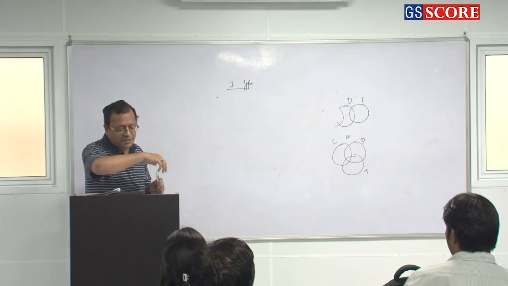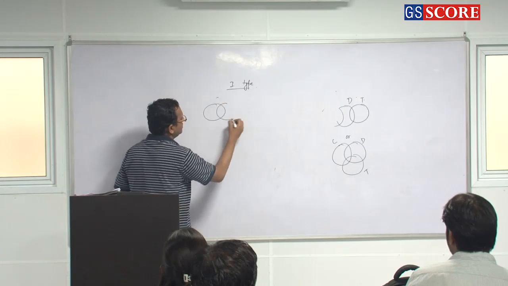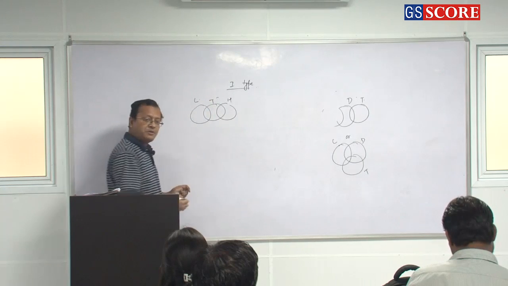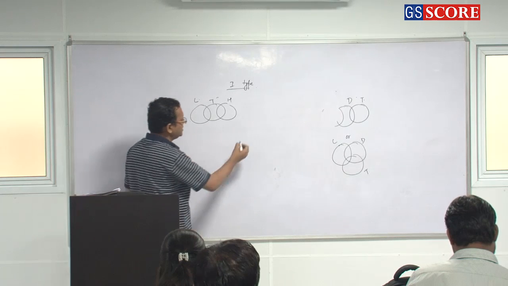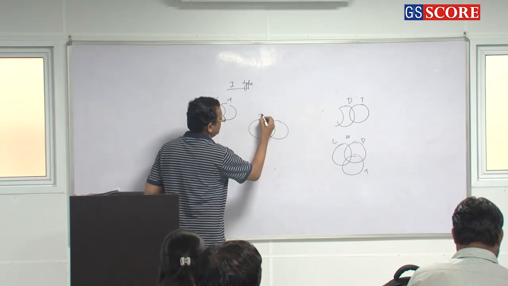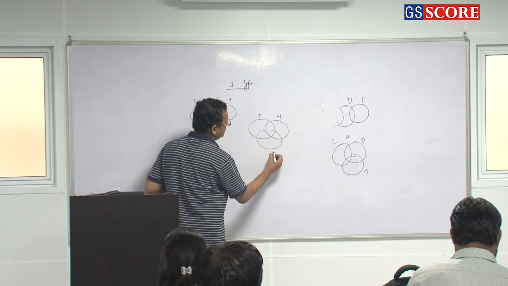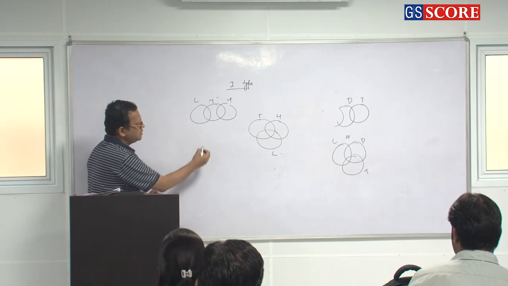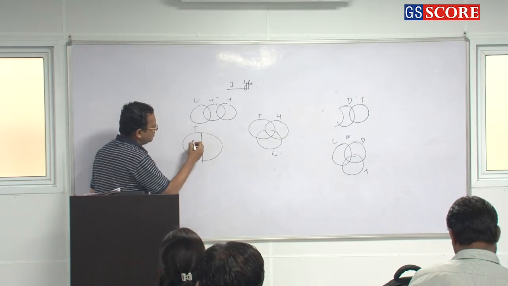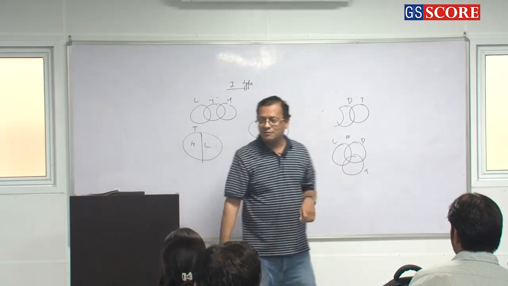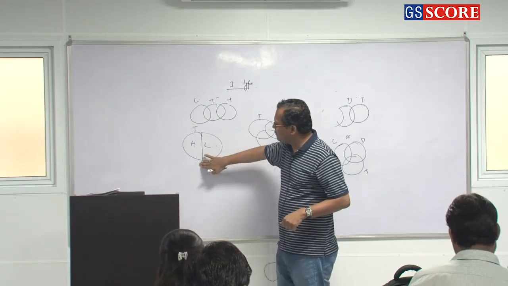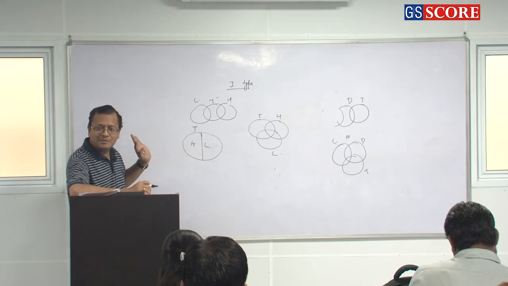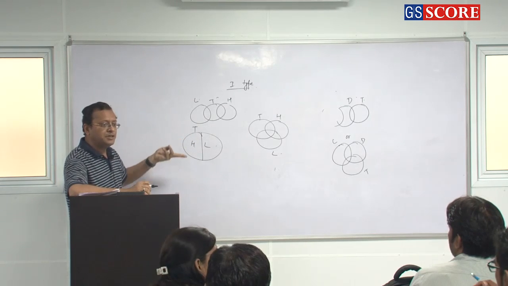You can draw the Venn diagram as well. Let me draw the Venn diagram and see. Some taxis have horns, some taxis have lights. This is the first possibility. Second possibility. What is the third possibility? Some taxis have horns, some taxis have lights. These are the 3 Venn diagrams.